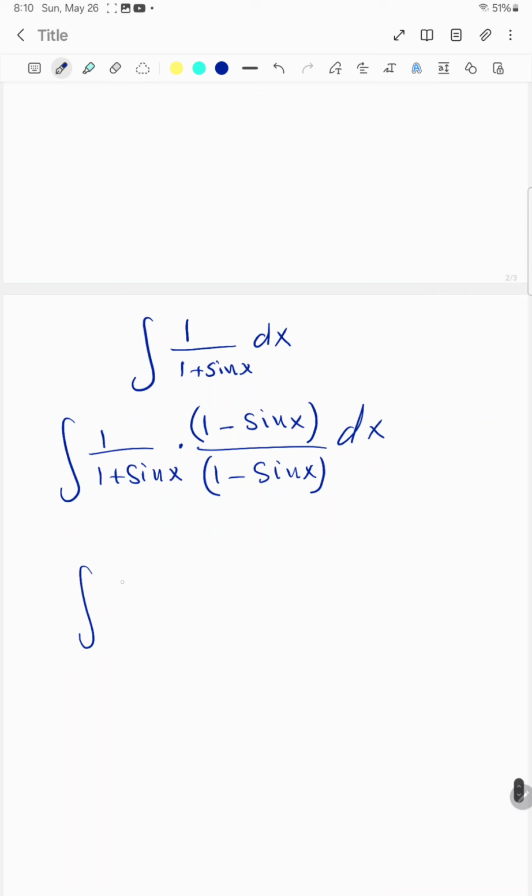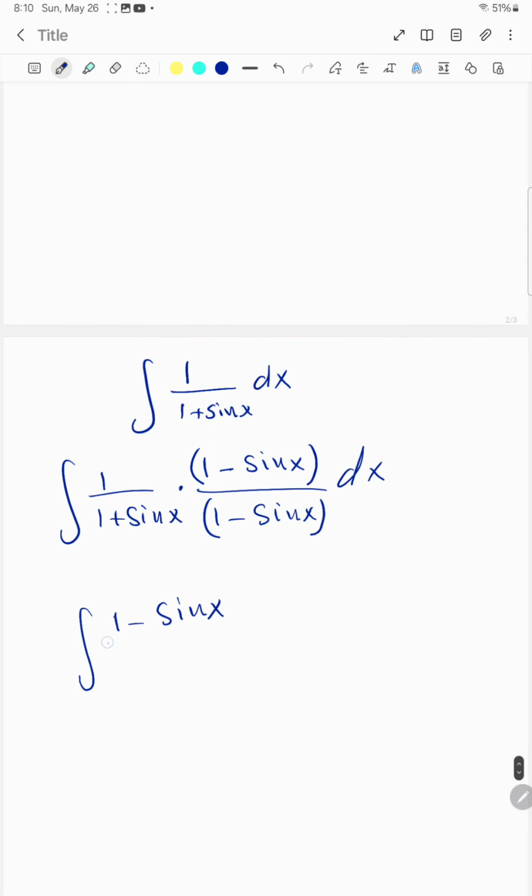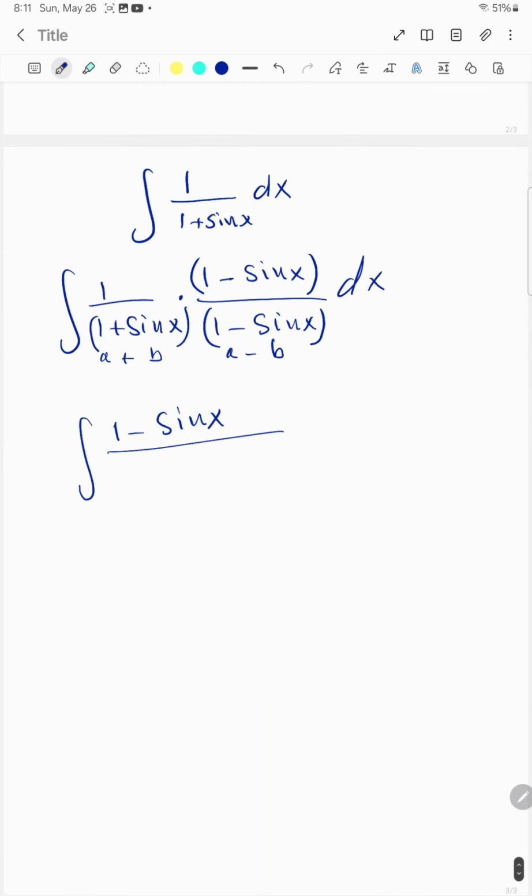So my integral becomes 1 minus sine of x in the numerator, and in the denominator this is a plus b and a minus b, which is equal to a square minus b square, so 1 square is 1 minus sine square of x, which is equal to cosine square of x.